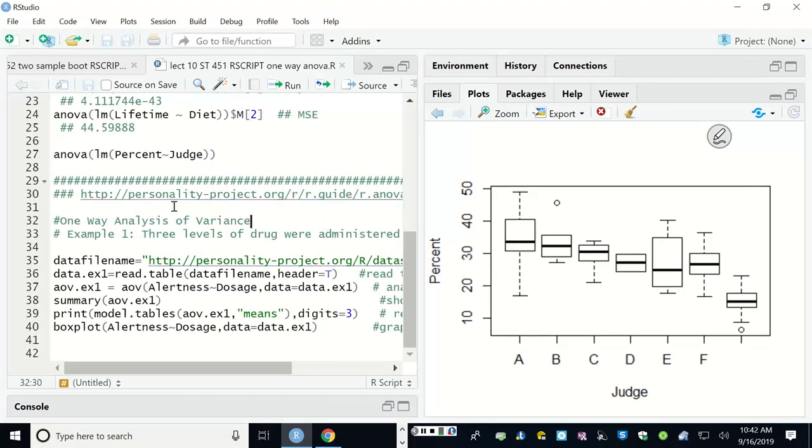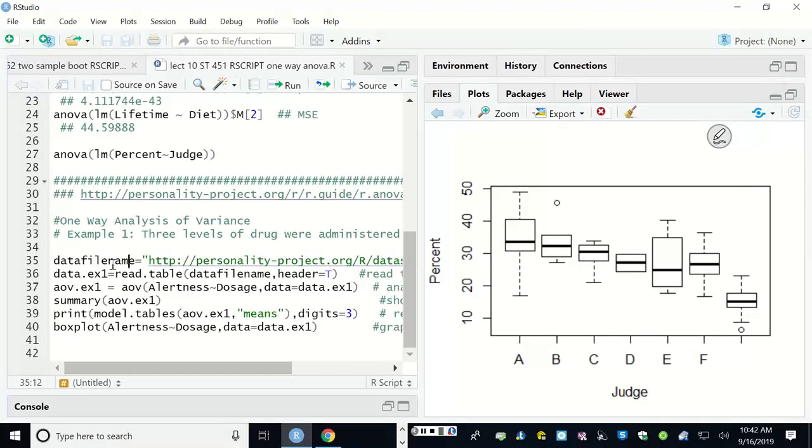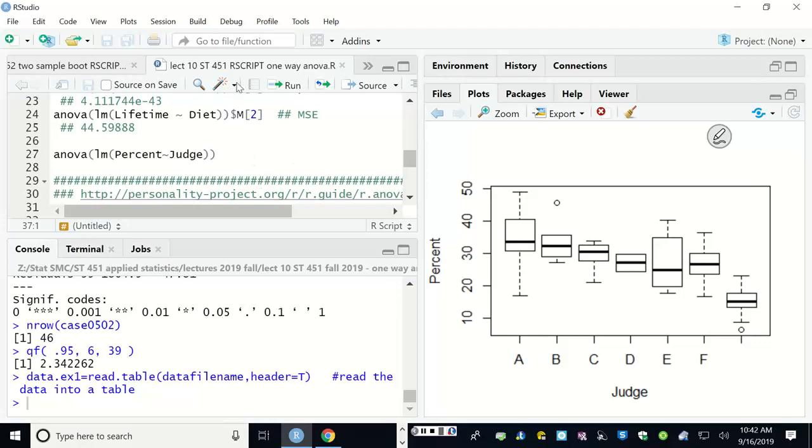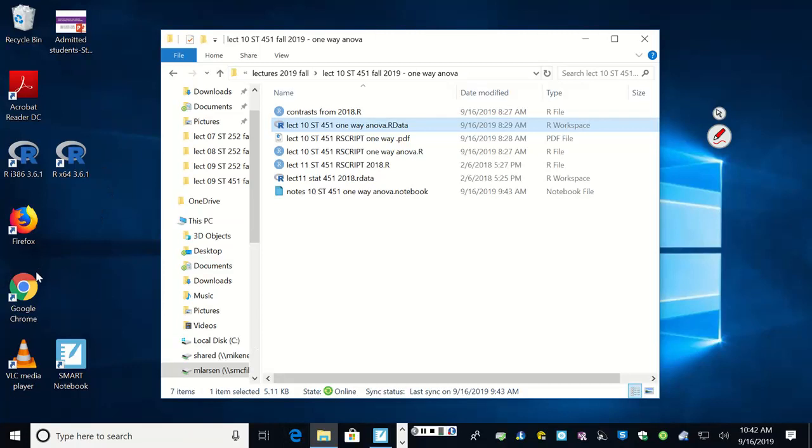Here is one other example. I can't exactly remember where I found this. I think I was just looking online. There's a data file here about personality types. I think if you go to the Personality Project, it'll give you a description, but it's kind of neat. You can get it off the web.